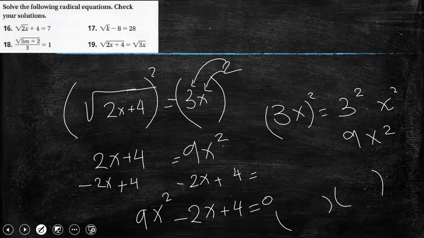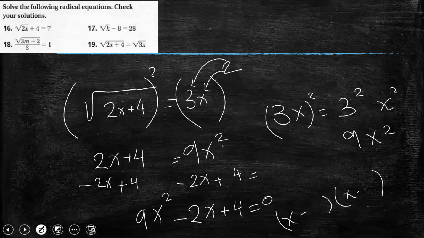Let's define the extraneous solution. 9 times 4 is 36. Give me two numbers that multiply to 36 and add to negative 2, so two negative numbers. For 36, we have 3 and 12, we have 6 and 6, we have 4 and 9.